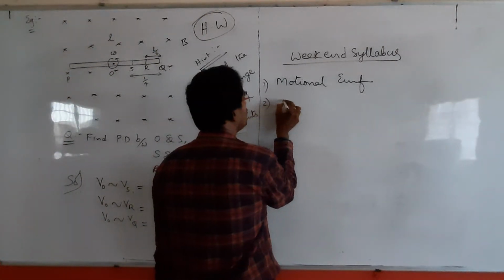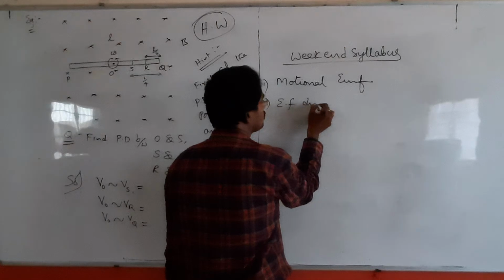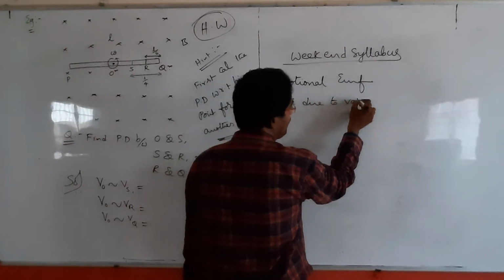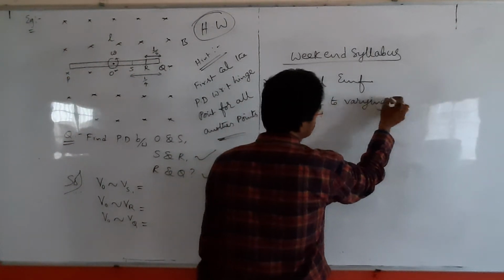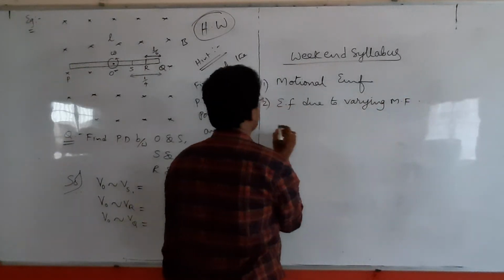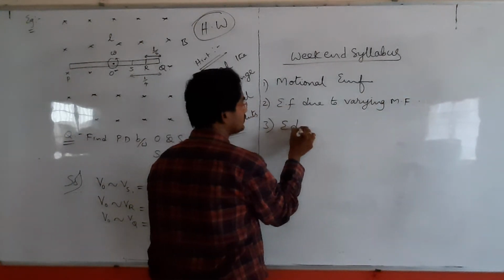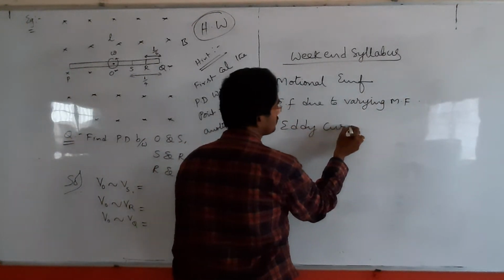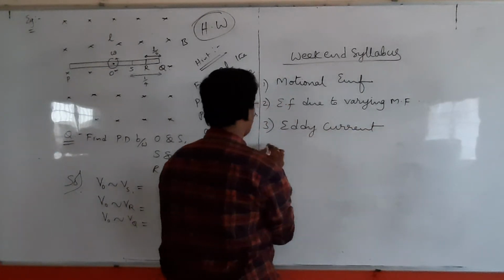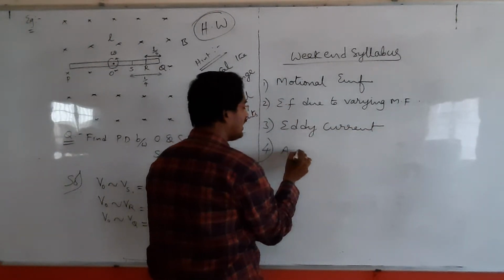secondly, electric field due to varying magnetic field. Thirdly, eddy current. Fourth, AC generator.